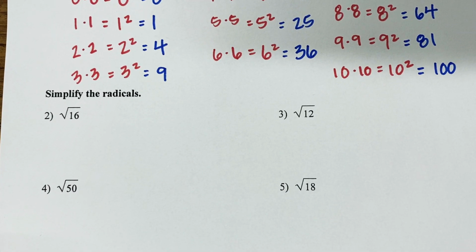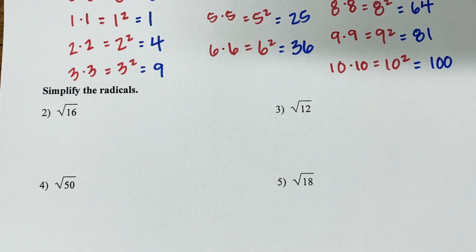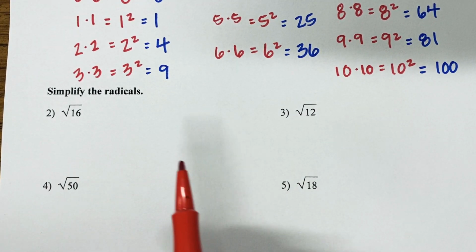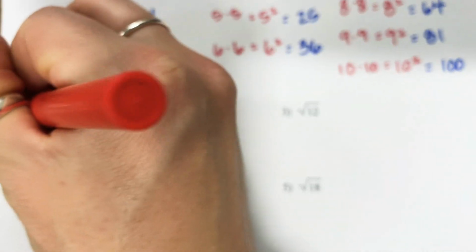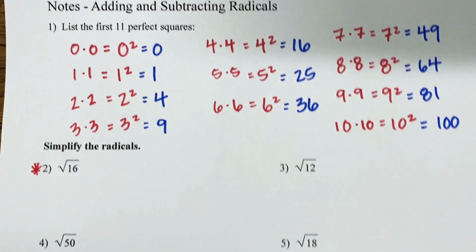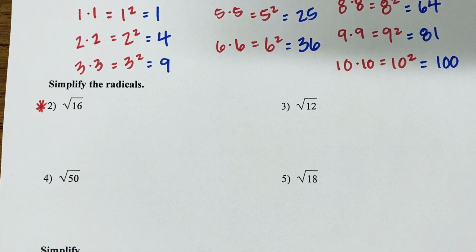Take a second, look at 2 through 5. If they are, put a star by them. It looks like the only one that would be on that list is number 2, because 16 is on our list. Awesome. That's going to help us.